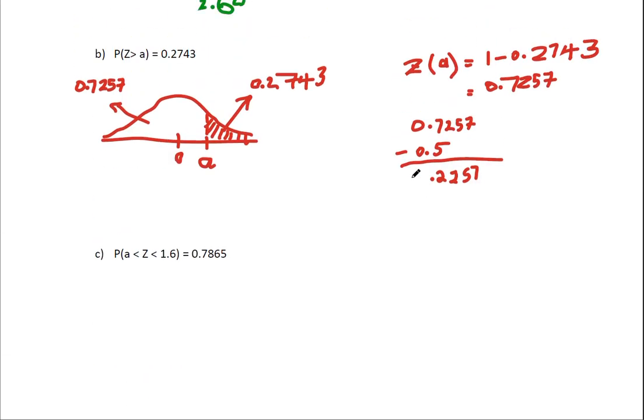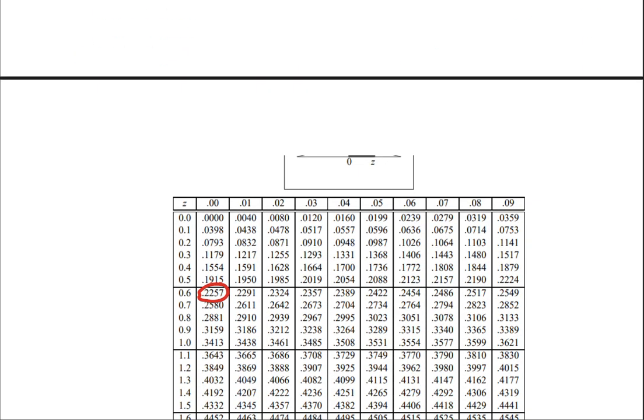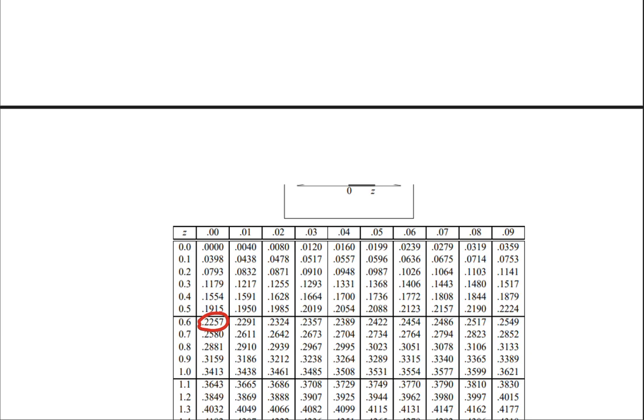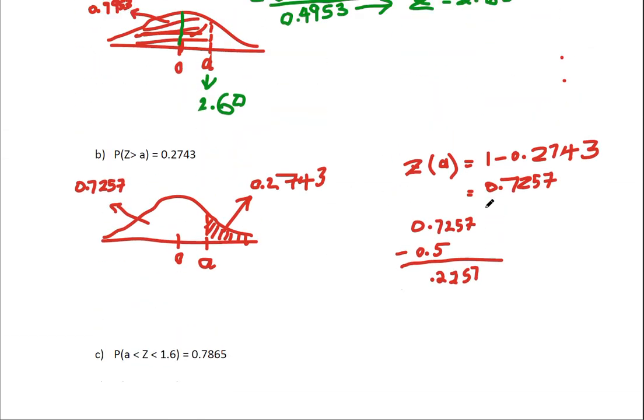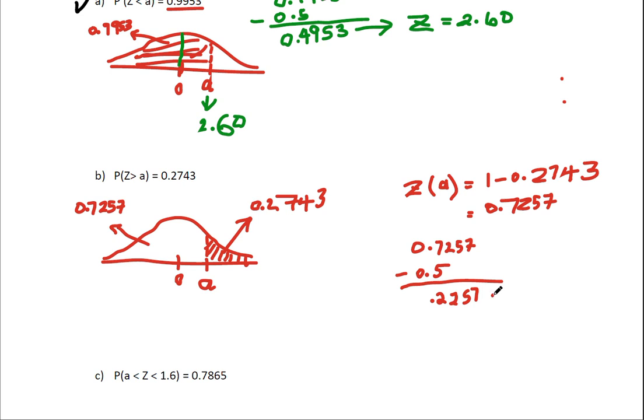So the z-value associated with a probability of 0.2257, we just found from reading the half table, is 0.60. So it means that the value of A is equal to 0.60. That's the value of A.